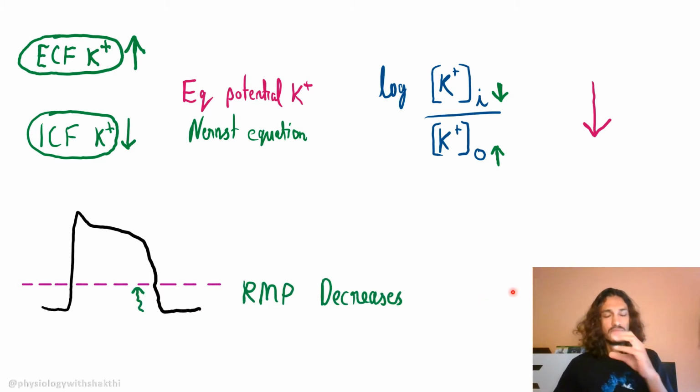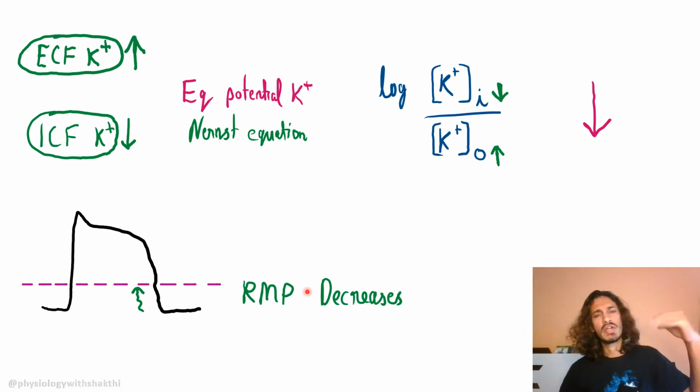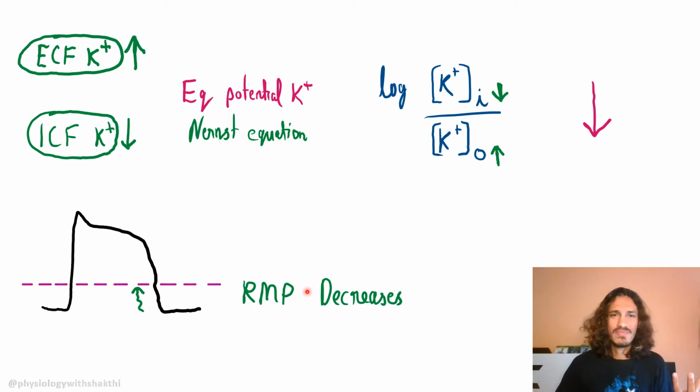By convention, we say RMP decreases. This is why students might get a little confused. It's going more towards positive, so why is it decreasing? Here the absolute value is what you're talking about. From 90 it went to 70.